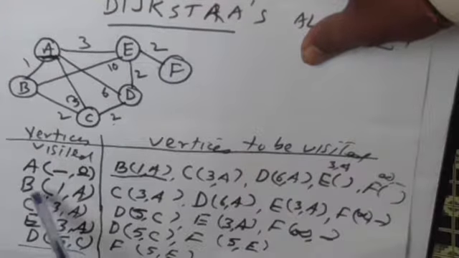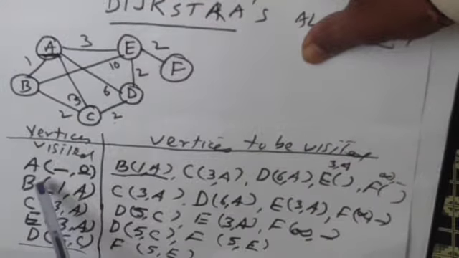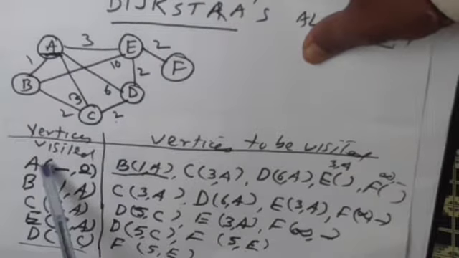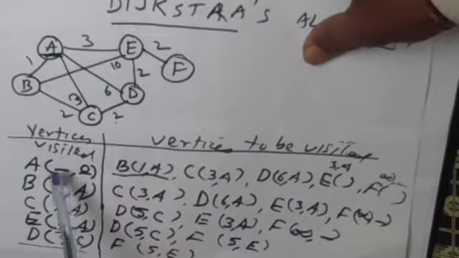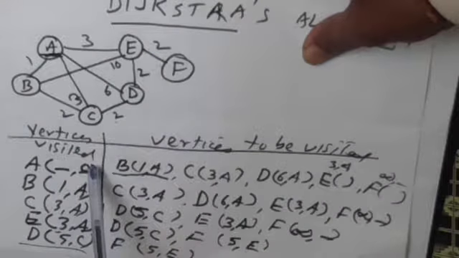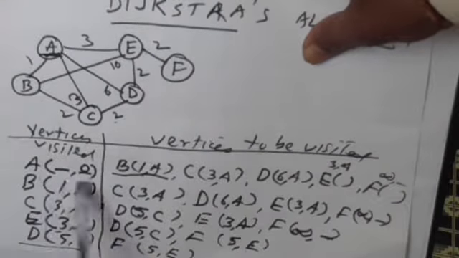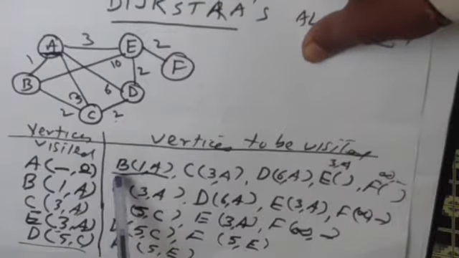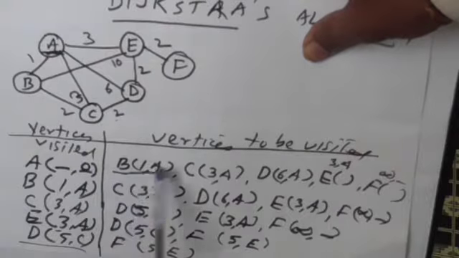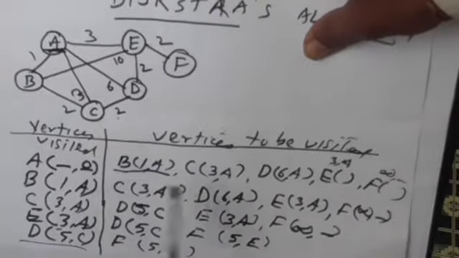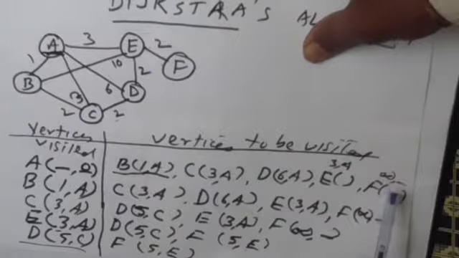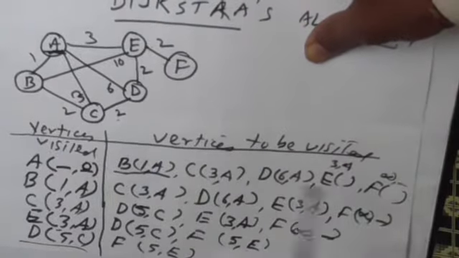If you begin with A and I say this itself is my starting vertex, I write A and use two brackets to write the distance and from where you have come. Because this itself is the beginning, I have not written anything here. And for the other vertices you need to visit, I have written B, C, D, E and F. They are all the vertices it has to visit.